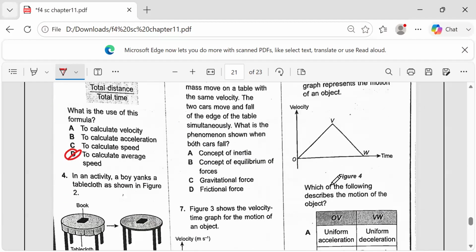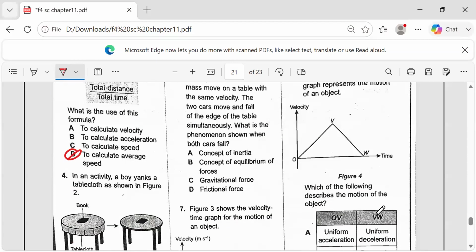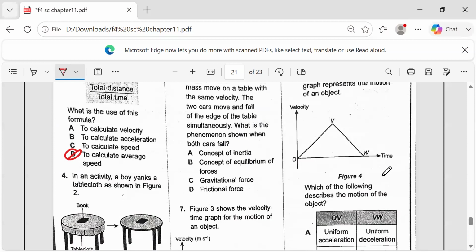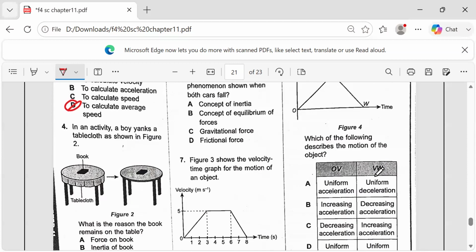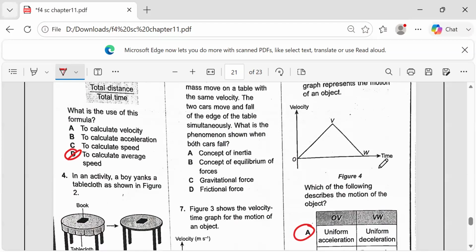Number 9, right? Velocity time. Okay. So what O to V and V to W? Okay. So the answer is A. Uniform acceleration and uniform deceleration.